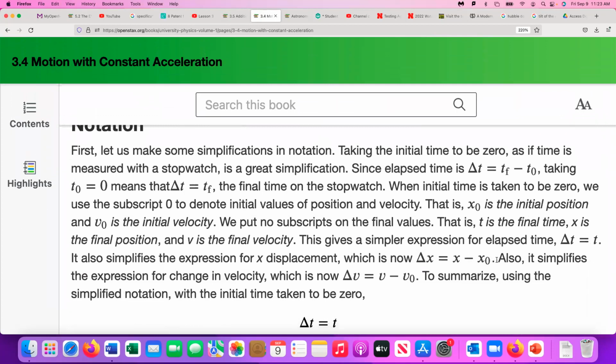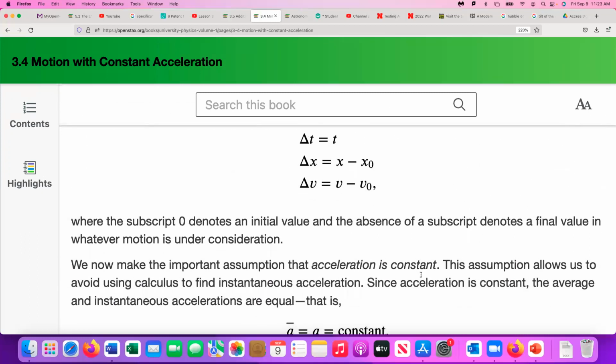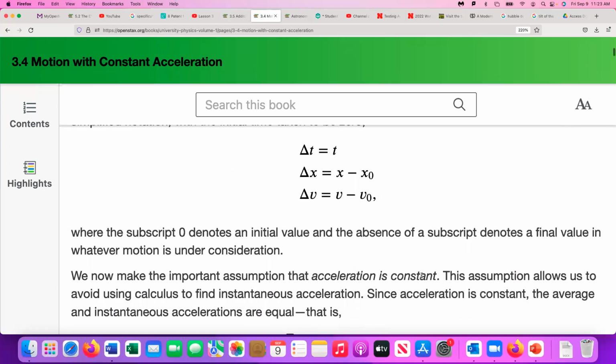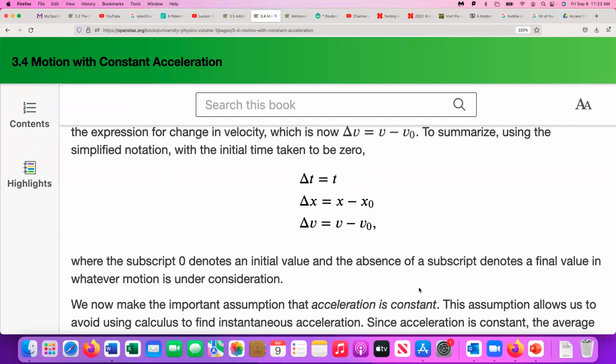Now we've gone through everything: position, change in position, which is displacement, distance, velocity, speed, acceleration. And we're going to make things a little bit simpler as we move on. Instead of having t final minus t initial, we're going to just have t in these equations.